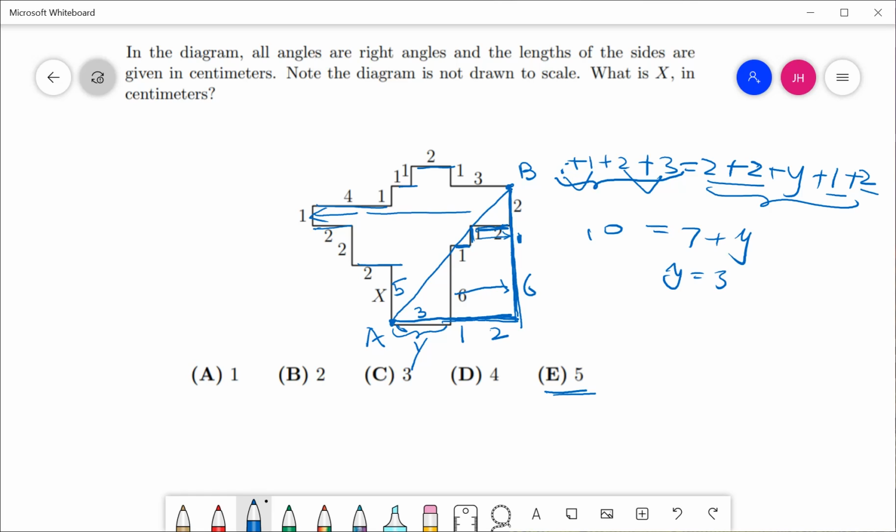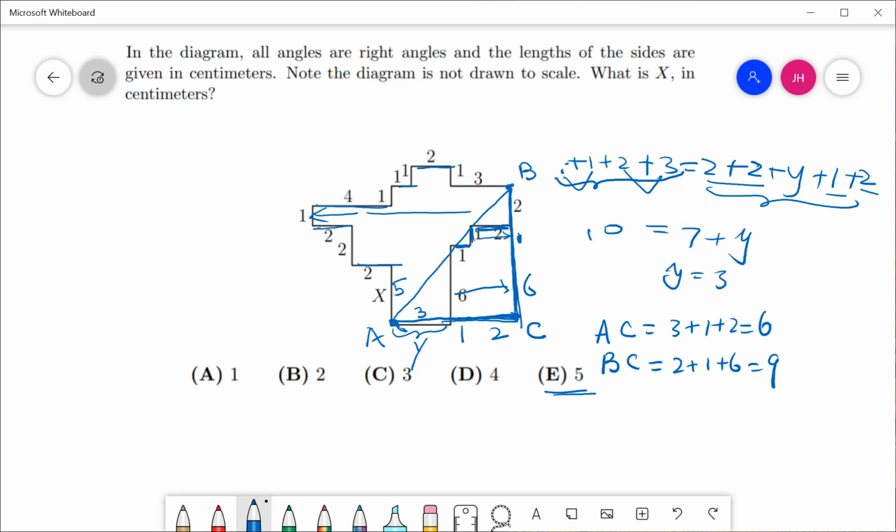So the distance from A to C, let's put it this way. From A to C, the distance is 3 plus 1 plus 2 equal to 6. And the distance from B to C, that is 2 plus 1 plus 6, that's 9.